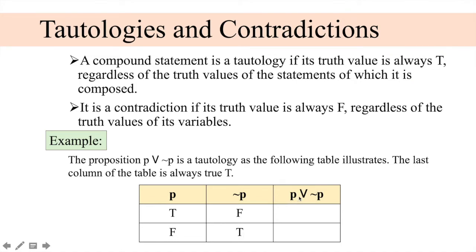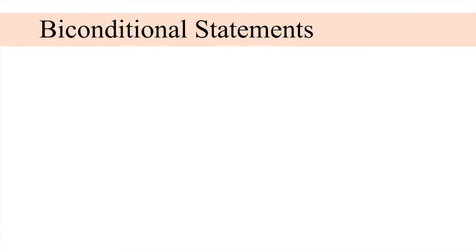Then get the or of P and negation of P. For or, the resulting sentence is false if the two constituent sentences are false, and true otherwise. Here there is no false, so that's true and that's also true.